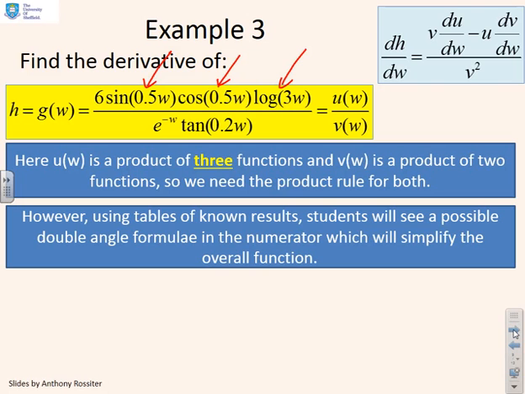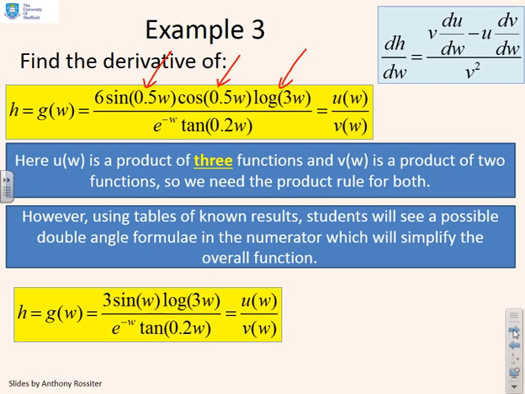And so the key point of this example is to say always look for simplifications. Are there things you can do before you jump in to using the formula? So here I can recognize that this function can actually be simplified to the following form. 6 sine 0.5w cos 0.5w is the same as 3 sine w using the double angle formula.